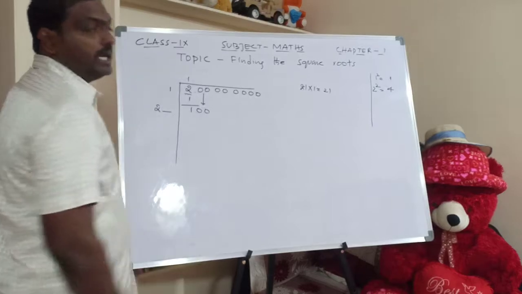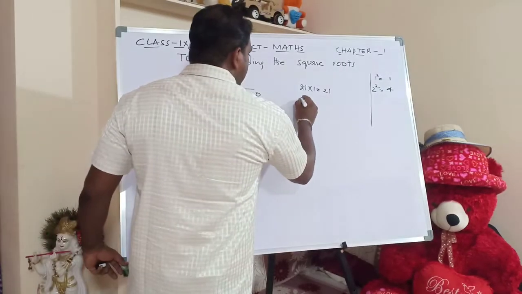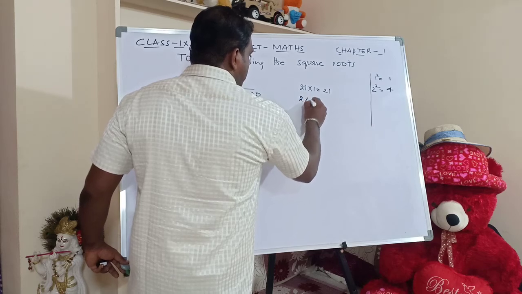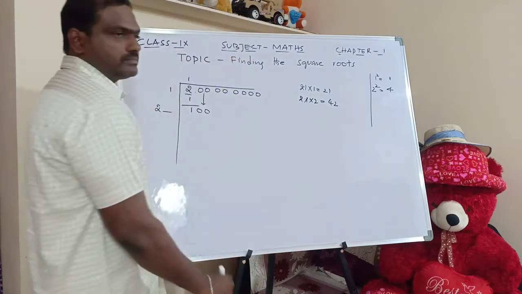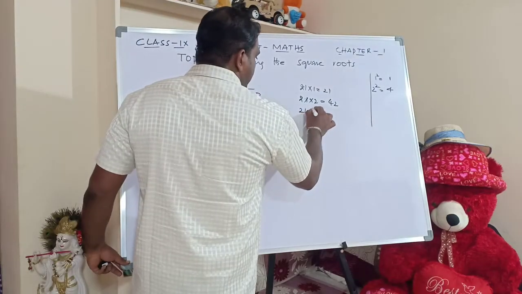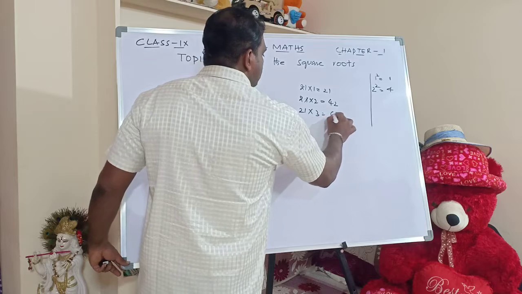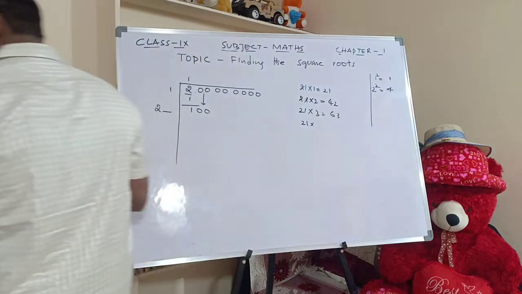Now how much do I have? 100. So it is not correct, it is very less. Next I will go for 22 twos. You know how much I will get? 44. This is also very less. Next I will take 23 threes. How much will I get? 69.